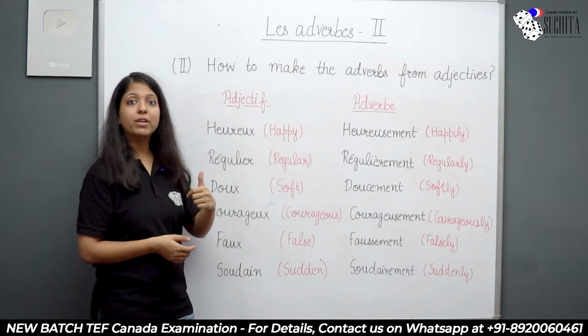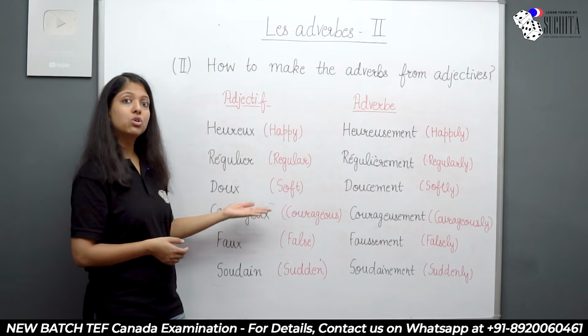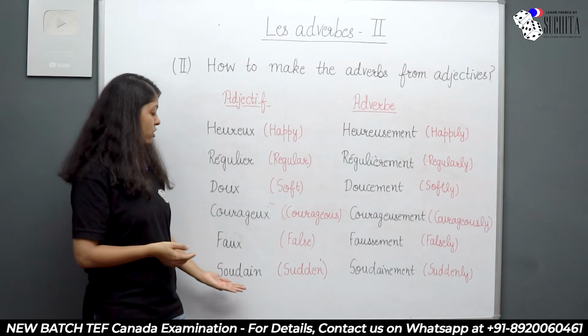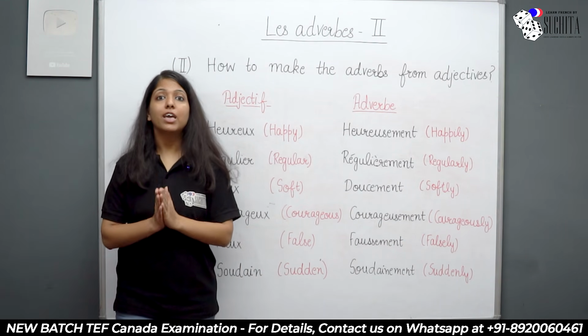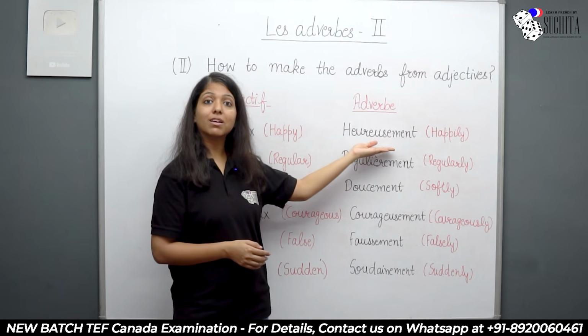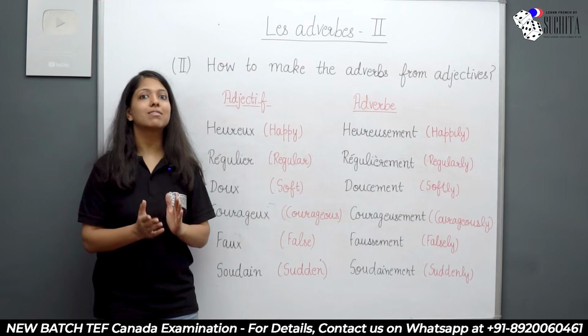Régulier, régulièrement. Doux, doucement. Courageux, courageusement. Faux, faussement. Soudain, soudainement. So the rule is, if your adjective ends with a consonant, in that case you need to make its feminine first and then add ment in order to make its adverb.